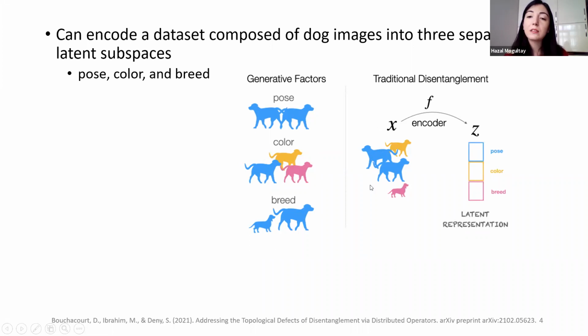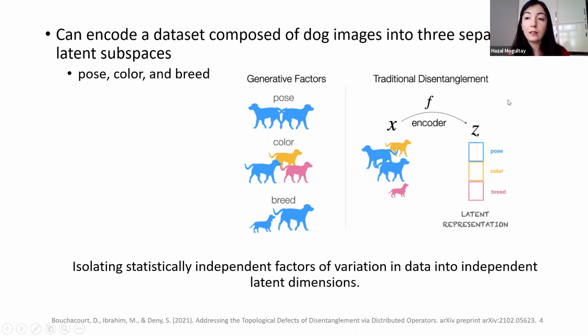In disentanglement, given this data set, we are looking for encoders, like a mapping function, to a representation space such that this representation consists of subgroups corresponding to pose, color, or breed as generating factors. And these 3 should be independent from each other. From this example, they define disentanglement as isolating statistically independent factors of variation in data into independent latent dimensions.